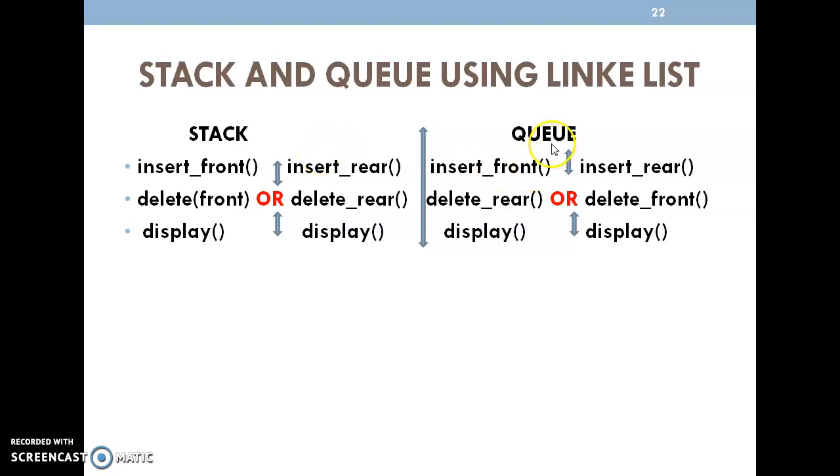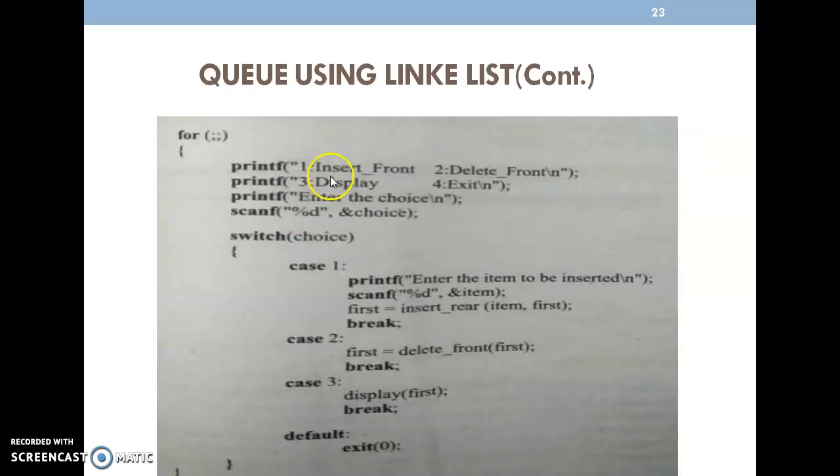Then similarly for the queue, insert from one end, delete from the other end, like insert from the front end, delete from the rear end, and display remains the same. Similarly you can make use of insert from the rear end and delete from the front end. Okay, and this can be called queue using linked list. I can represent it by making use of cases.